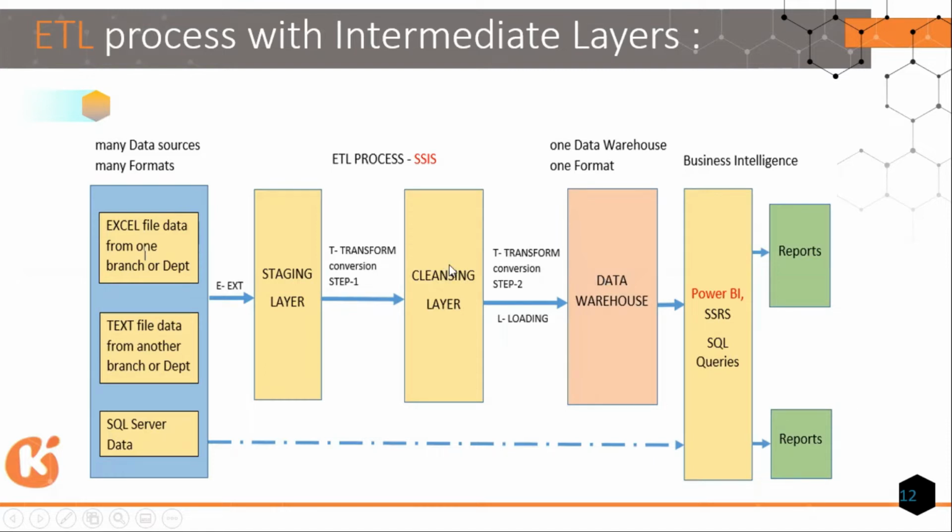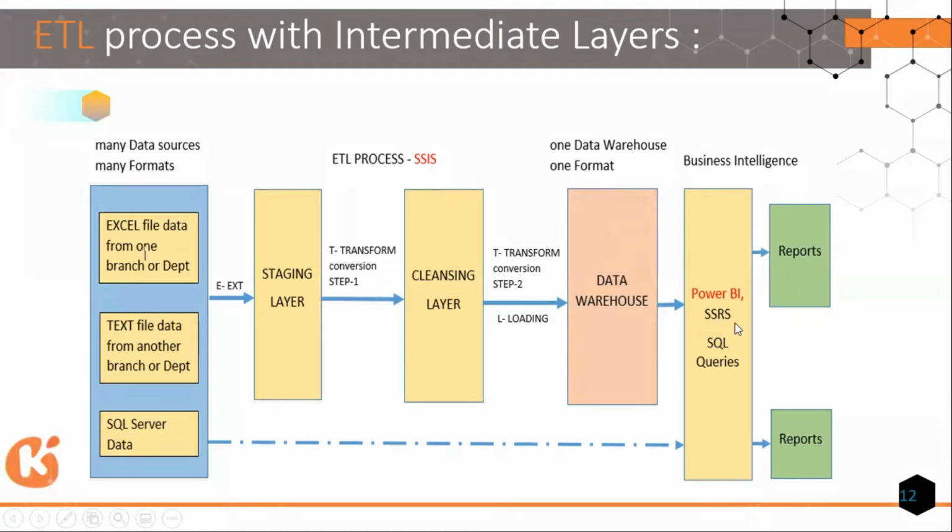From every layer, we will read data, process data, and write the result into the next layer. We will move data from source to layer 1, layer 1 to layer 2, layer 2 to data warehouse.